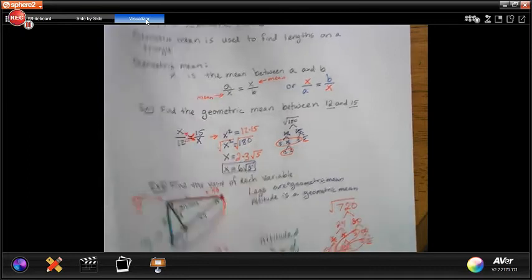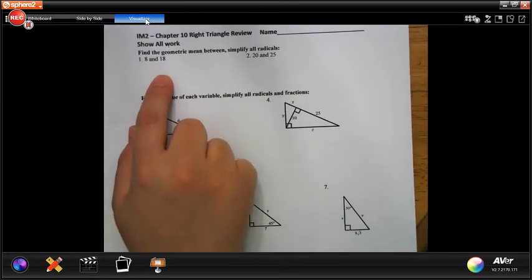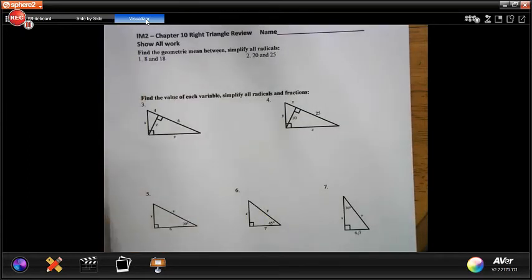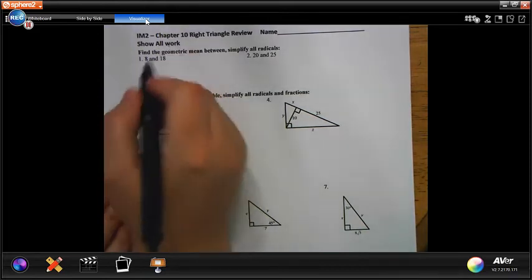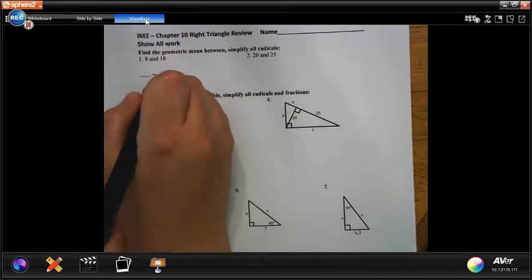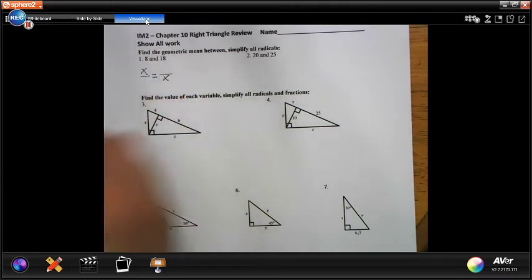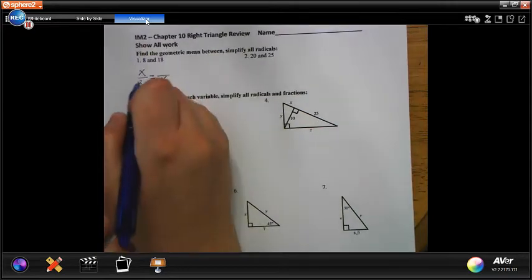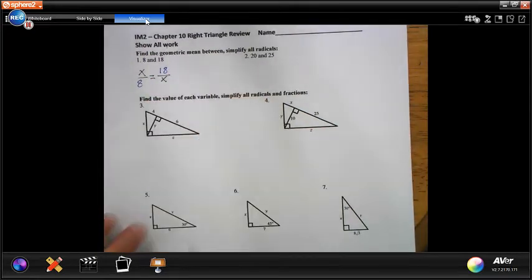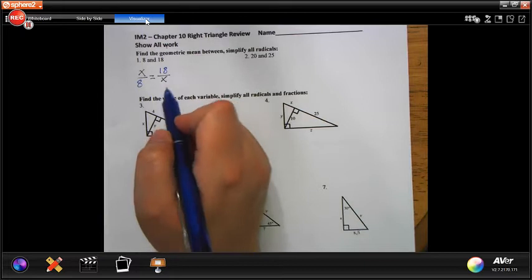Okay, so geometric mean between 8 and 18, I have to set it up. I have my fraction, and I know x goes in 2 spots, and then I put the 2 numbers in the other 2 spots. So then I cross multiply.